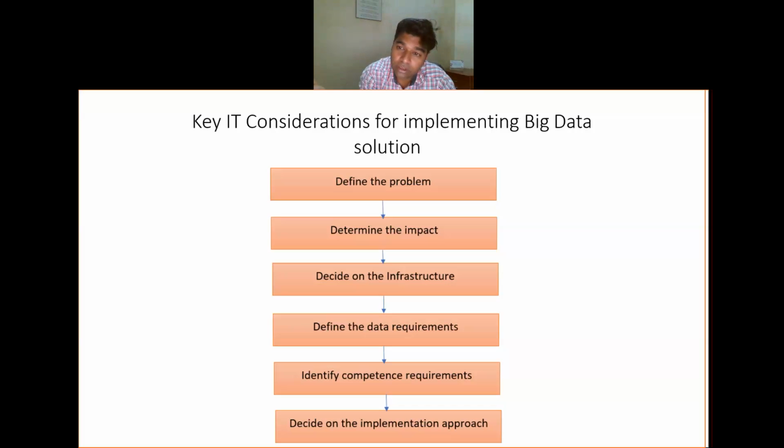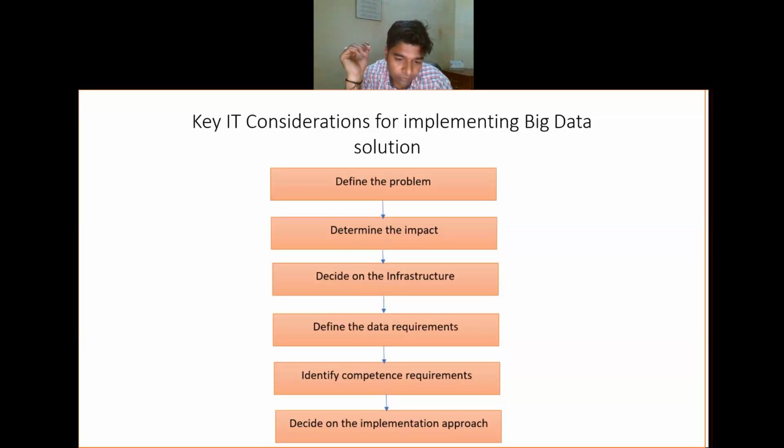So after integrating the big data solution with the business organization, what competition will occur with other competitive industries? If the same type of business industry already uses the big data solution, then we have to identify more competence requirements to keep that organization standing in the market after integrating the big data solution.